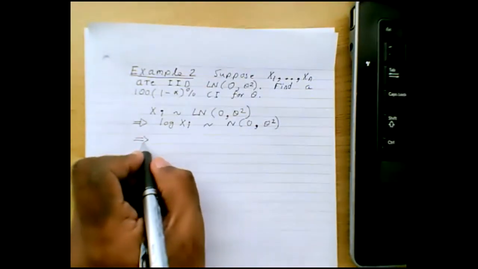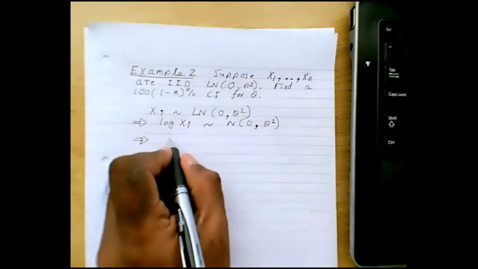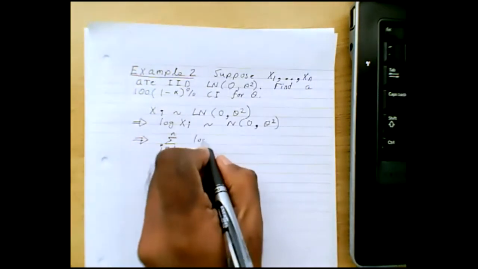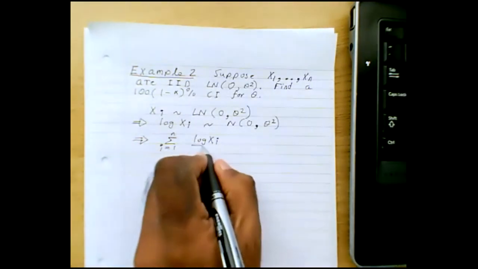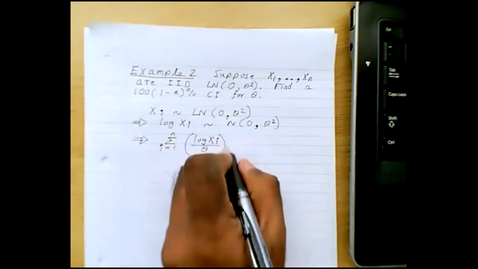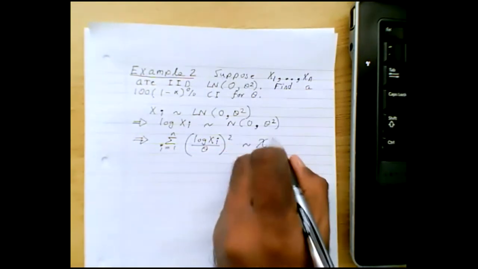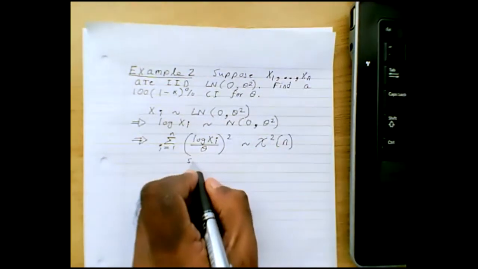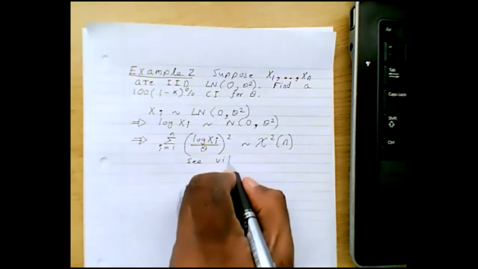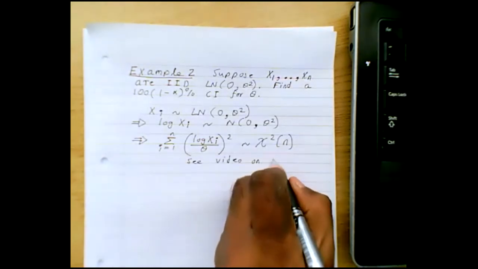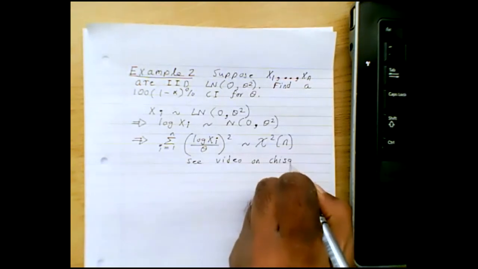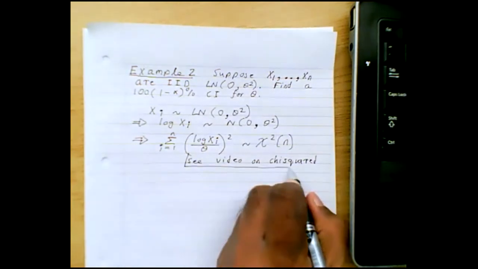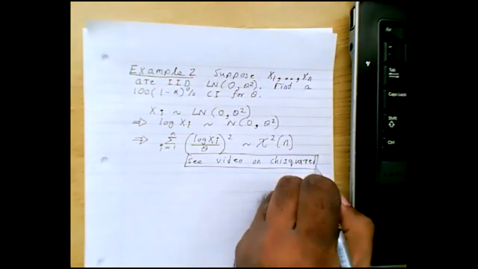So using the property that I just mentioned a minute ago, this is a property I mentioned. See the video on chi-square distribution, right?